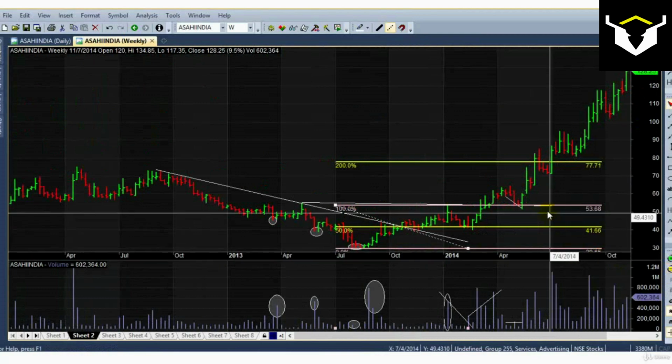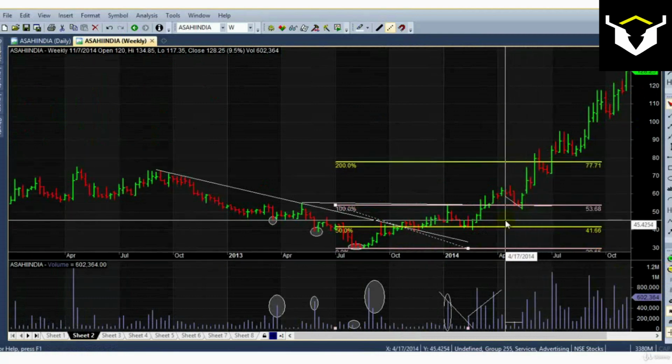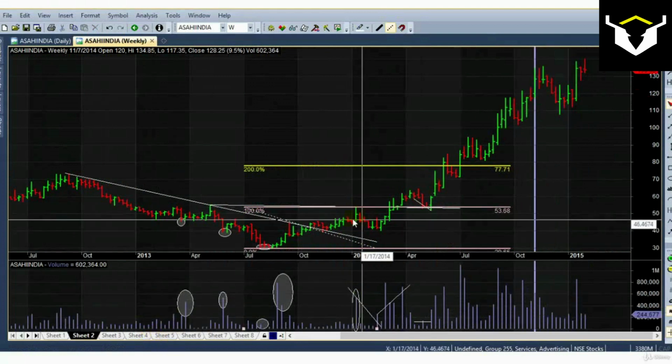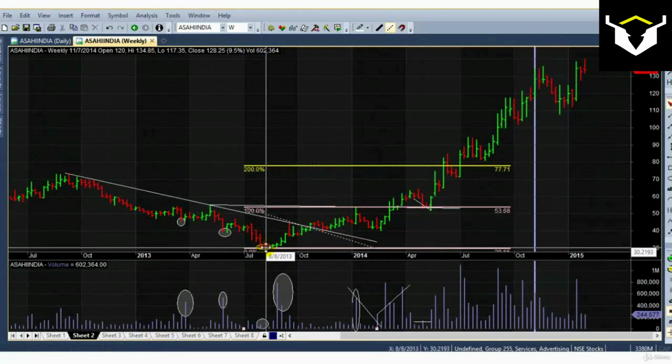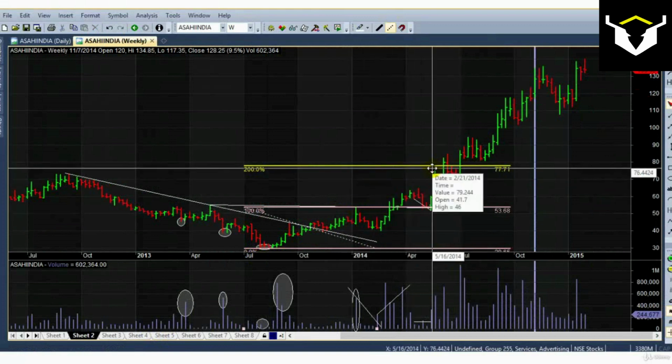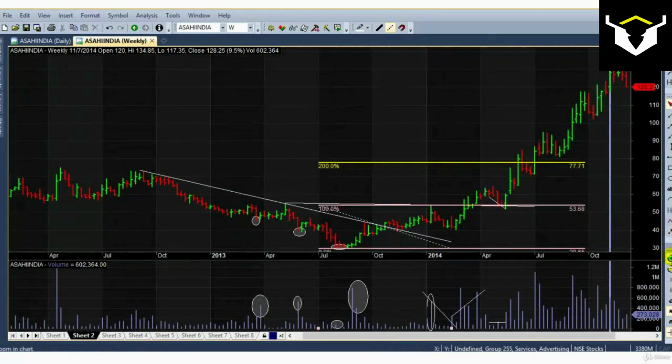Alright, so there is my 200% target. The distance from neckline to the head projected upside should be your ideal target for your head and shoulder pattern.